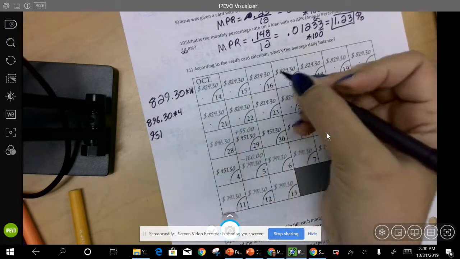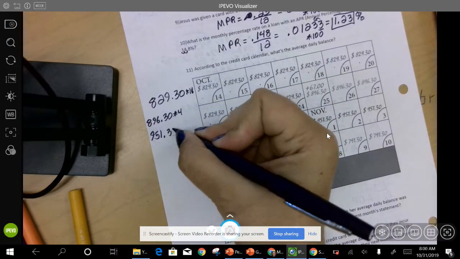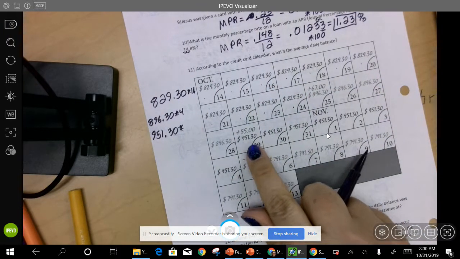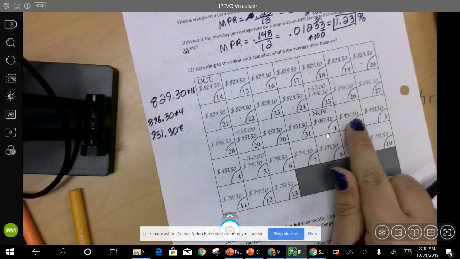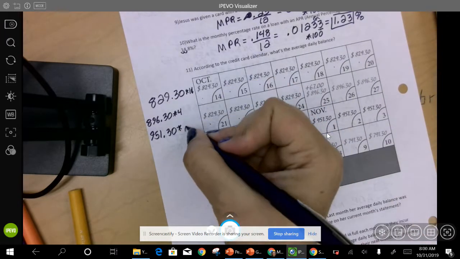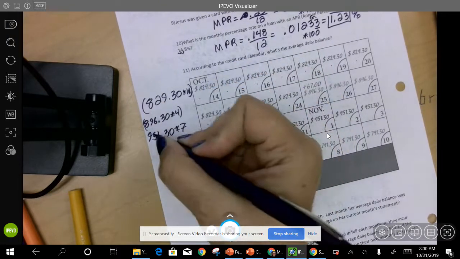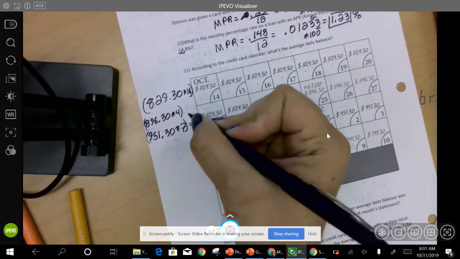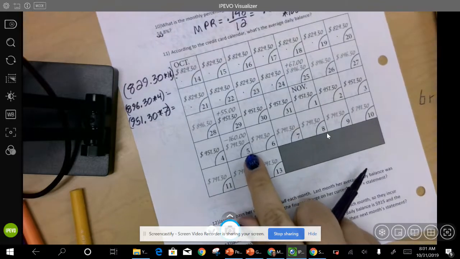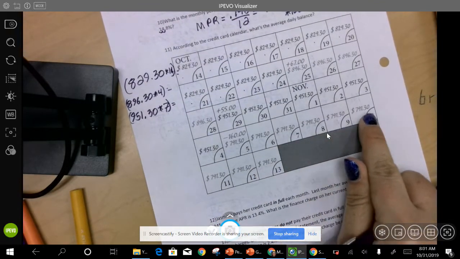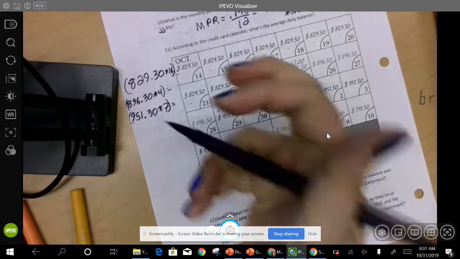And $951.30. So see where I'm getting these from? 1, 2, 3, 4, 5, 6, 7. You see? 7. So this one at 11. Then 1, 2, 3, 4, 5, 6, 7, 8, 9. 9.